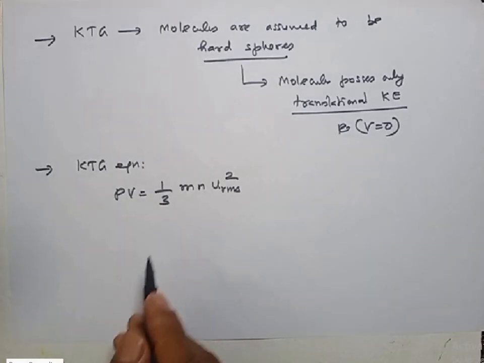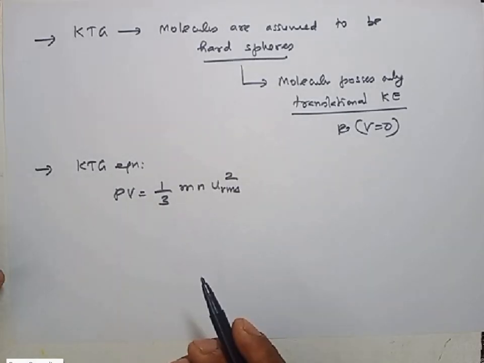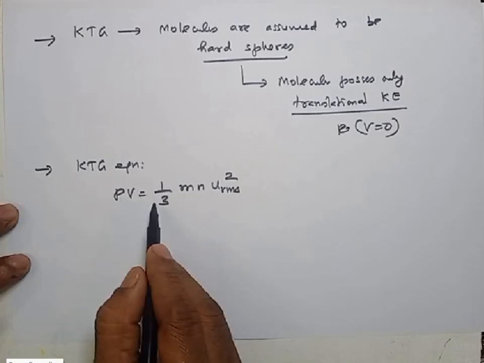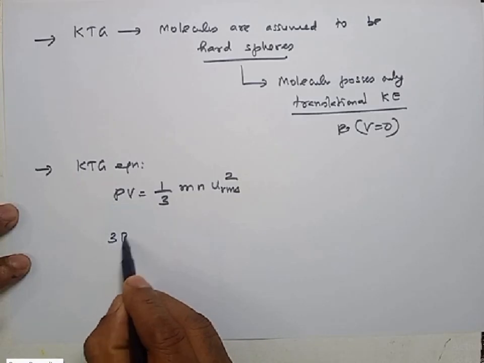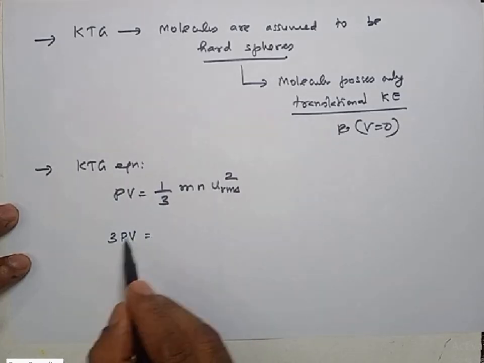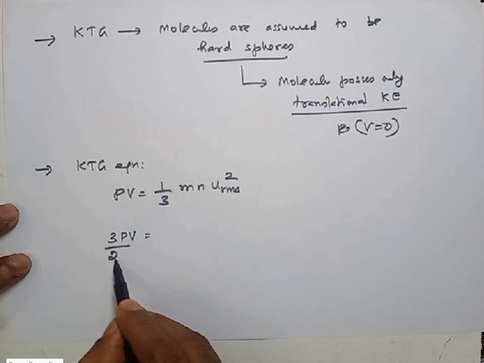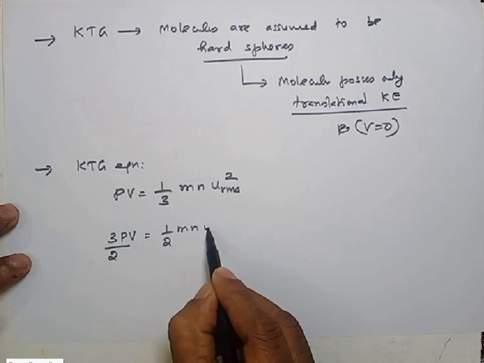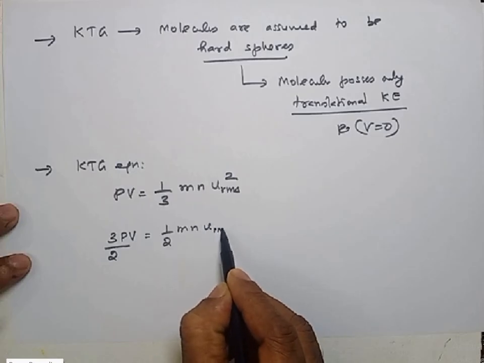Let me make some simplification here. I'll bring the 3 this side, so 3 into PV equal to, and I'll divide both sides by 2. So 1 by 2 M N U RMS square.